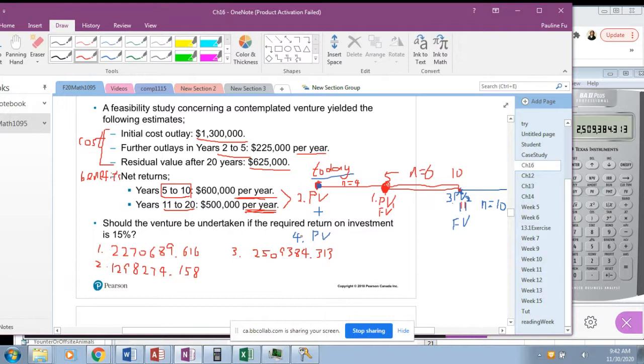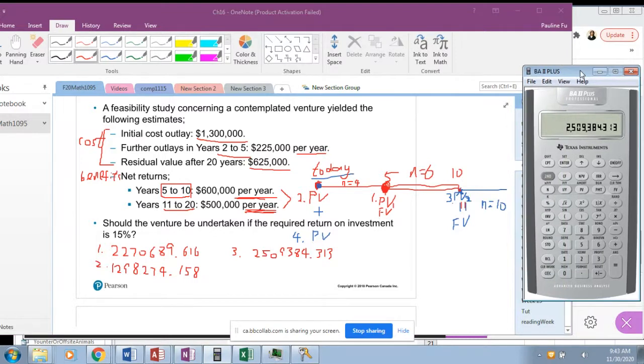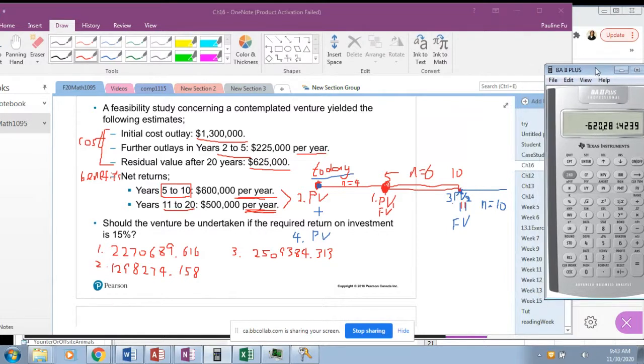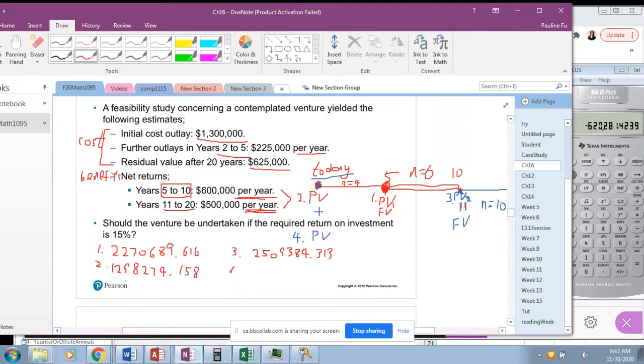In step 4, I need to calculate the present value of this money, the one from step 3. This value is future value, and 0 is PMT. It is just normal compound interest. 15 is interest, 10 is term N. Compute present value. I'm going to store this number in 4 and write down this number here for step 4.